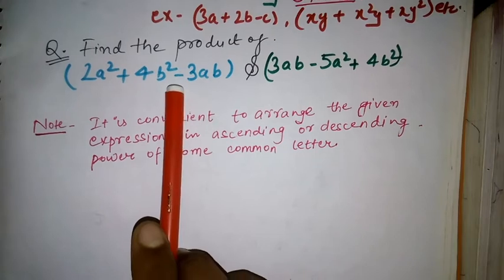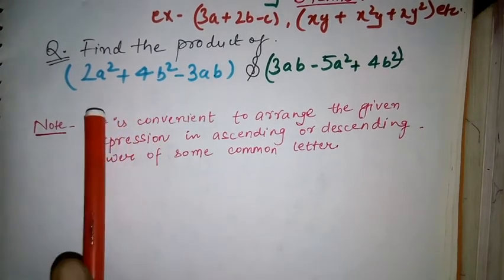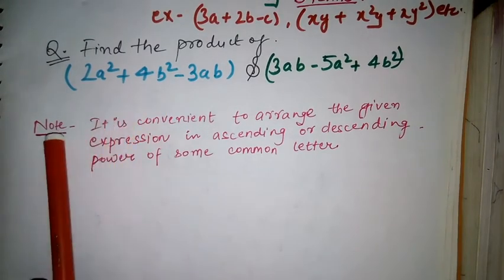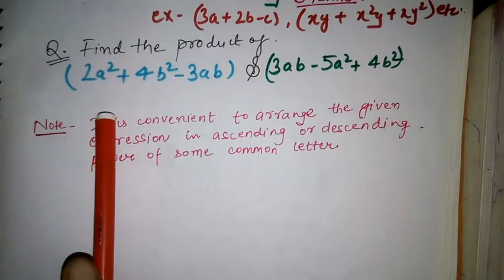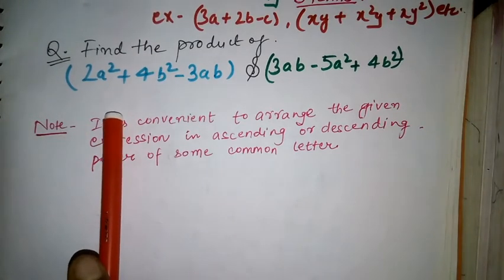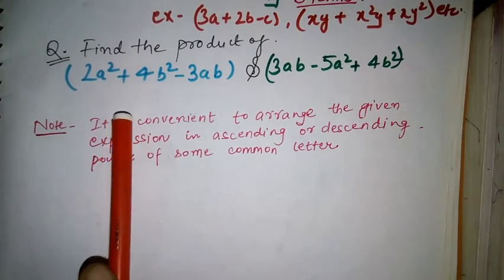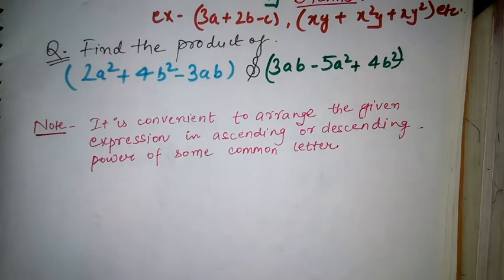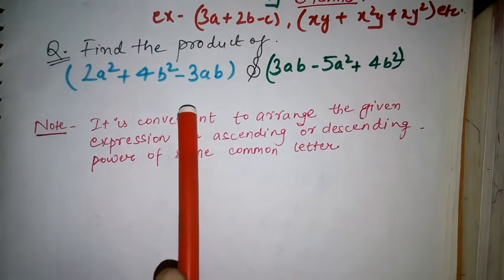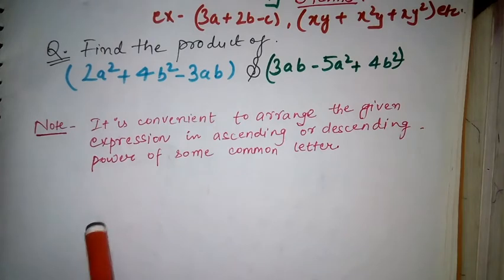So we first have to arrange the given expressions in the ascending or descending power of some common letter, so that after performing the multiplication we can easily collect the like terms.